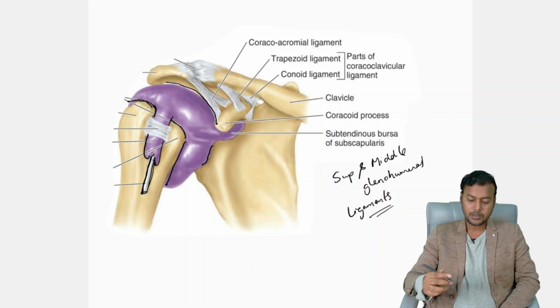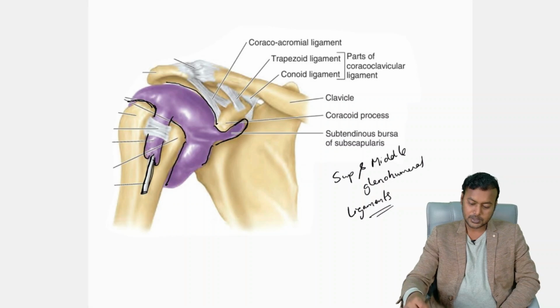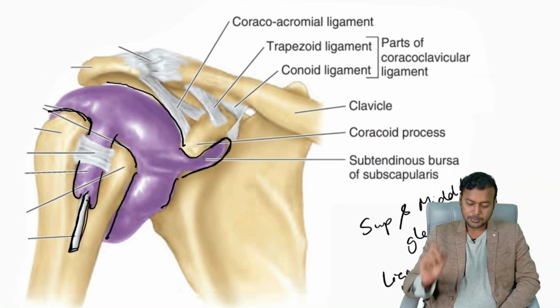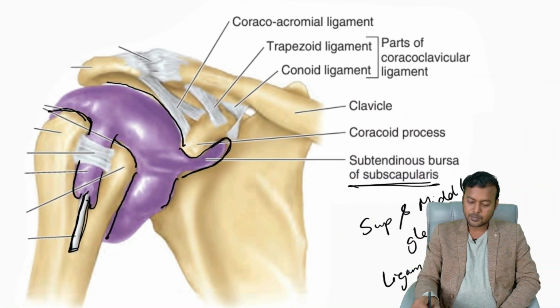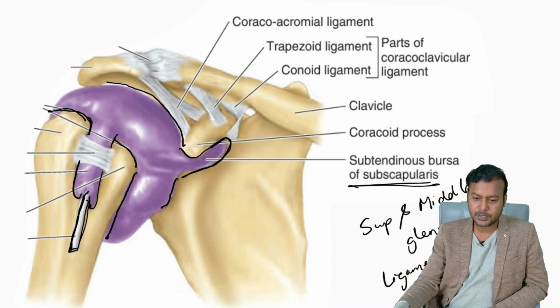Through this opening, the synovial membrane comes out to form a bursa, which is known as the subscapularis bursa. Why subscapularis bursa? Because it is in continuity with this space below the subscapularis muscle.